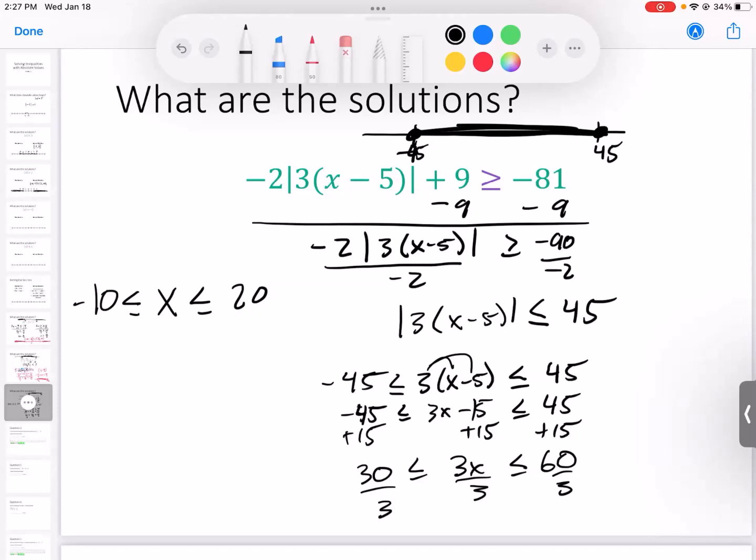And so remembering which direction your sign should go will make a big difference in the way your solutions will look. Oh, I guess I should write this in interval notation as well. So this would be square bracket, negative 10 and 20, square bracket. And again, it's a square bracket because it can equal those numbers.